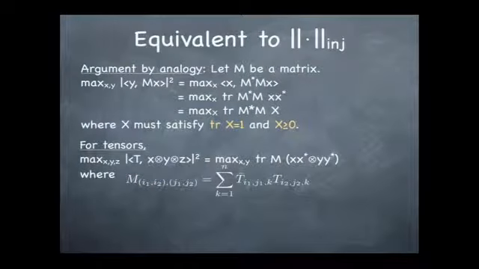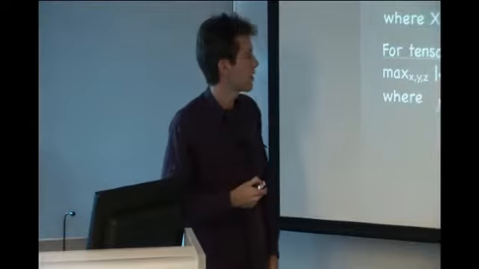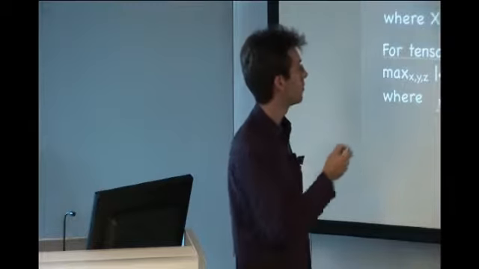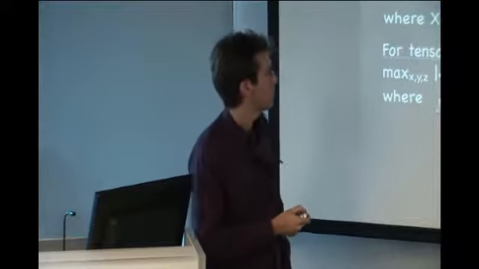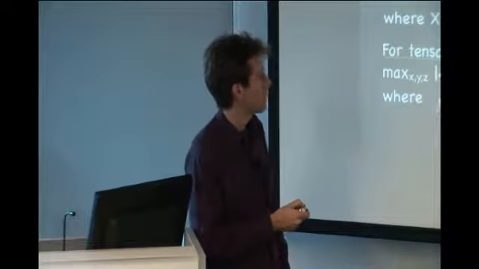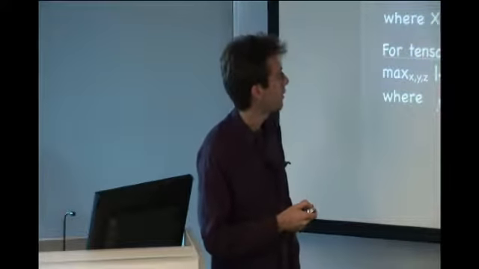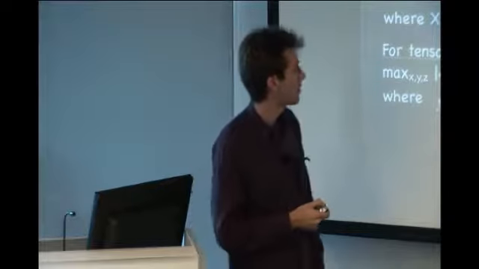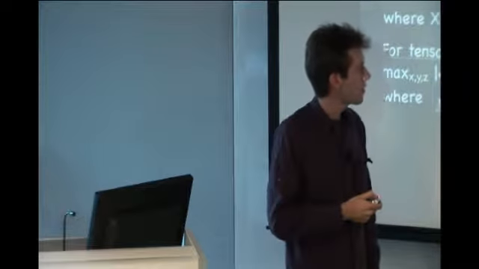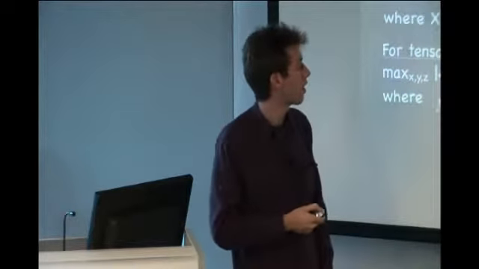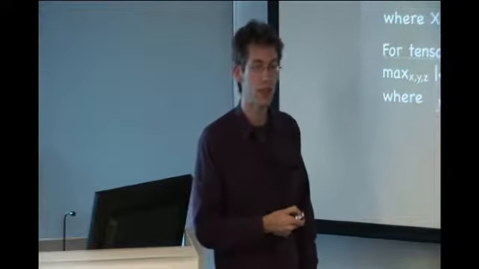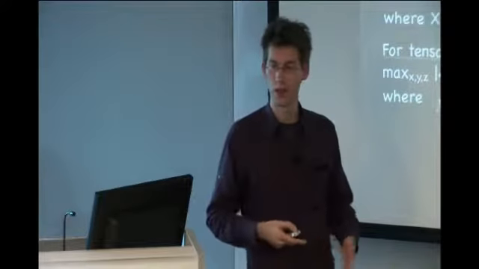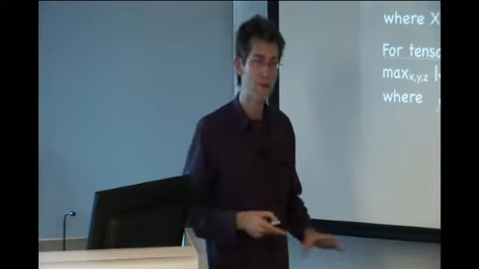It shouldn't be surprising that we can do the same thing with tensors. So what do we get here? We want to maximize this same quantity. I've squared it because of the analogy, and we can write this as the maximum, now dropping the z, over x and y of the trace of some matrix M times xx star tensor yy star, where M is this quantity that's sort of analogous to T star T. So M is a positive semi-definite matrix, and in fact that's fully general.